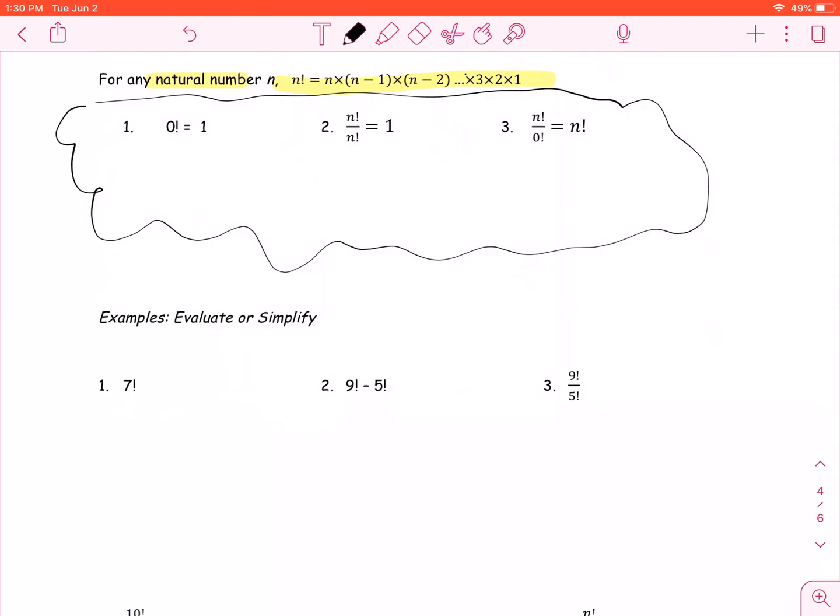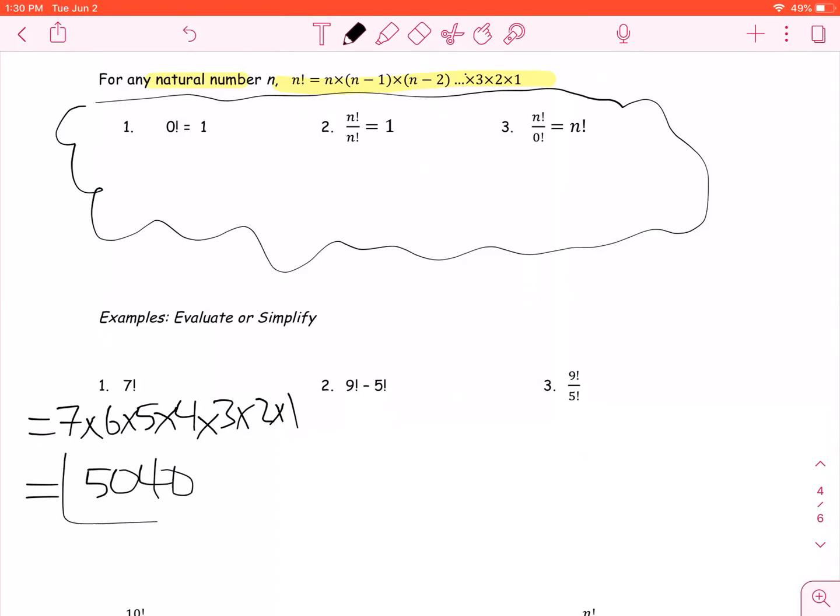Okay, so remember 7 factorial again is like doing 7 times 6 times 5 times 4 times 3 times 2 times 1. Okay, please try to find that factorial button, but when you plug it into your calculator, you should get 5040. Okay, even in the case of subtraction, you could take 9 factorial, type that into your calculator, you should get 362,880 for 9 factorial.